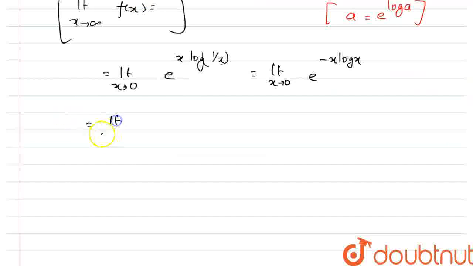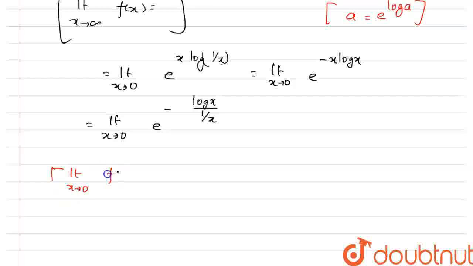So limit x tending to 0 of e to the power minus log x divided by 1/x. Here we'll apply L'Hospital's rule, which says that limit x tending to 0 of f(x)/g(x) can be written as limit x tending to 0 of f'(x)/g'(x), provided it is in the form of 0/0 or infinity/infinity, etc.